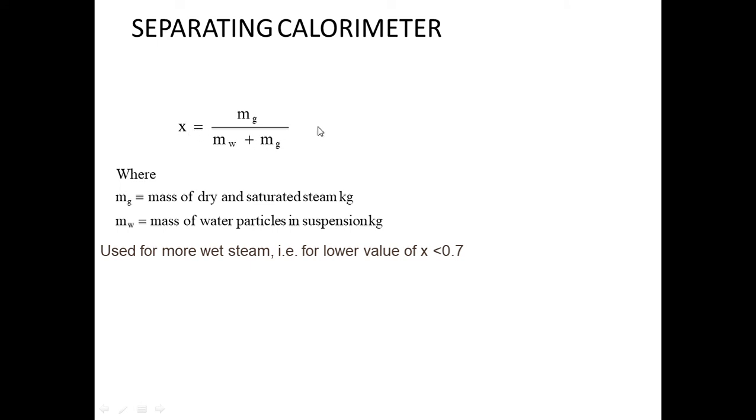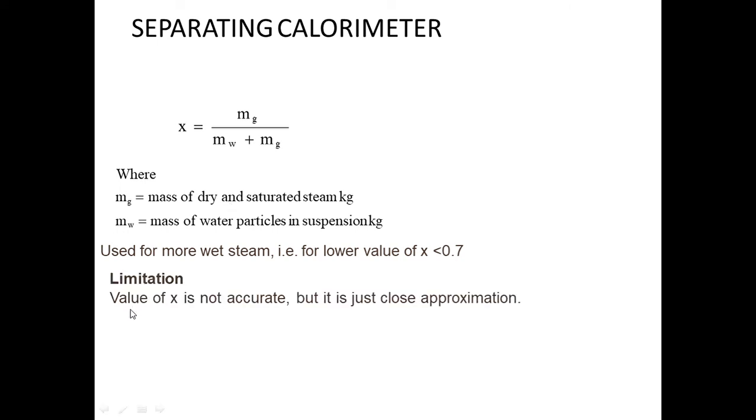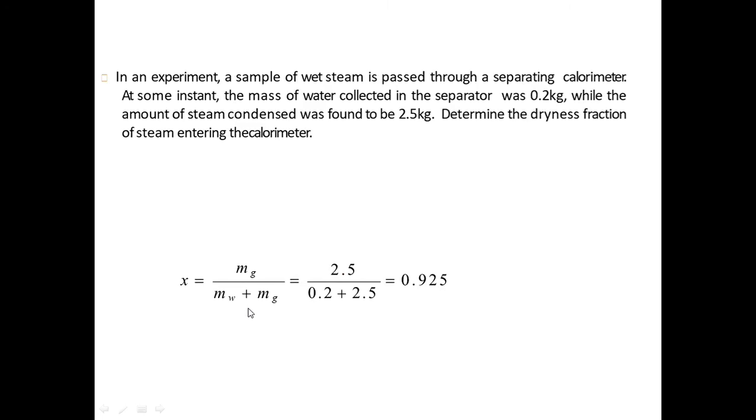So the dryness fraction measured with the separating calorimeter is always greater than the actual dryness fraction. That is the error in it. Okay, so the limitation of this calorimeter is that the value of x is not accurate, but we can get just a close approximation.